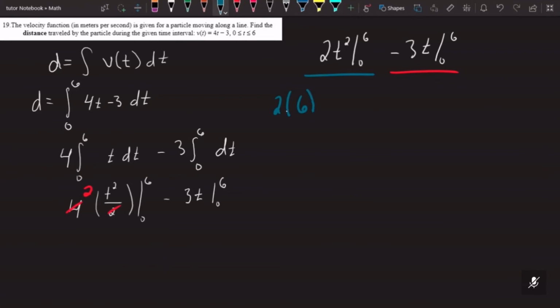So now we plug in our limits of integration. We have 2 times 6 squared minus 2 times 0 squared minus 3 times 6 minus 3 times 0.